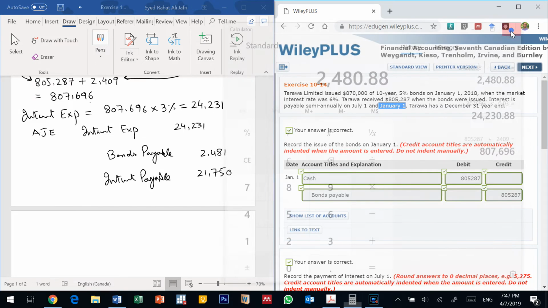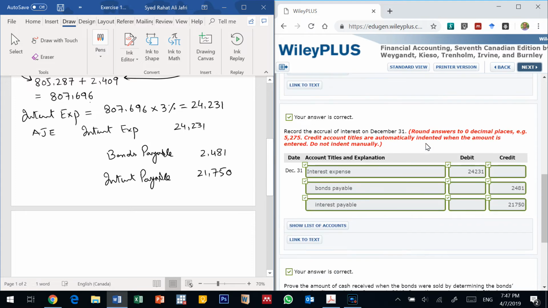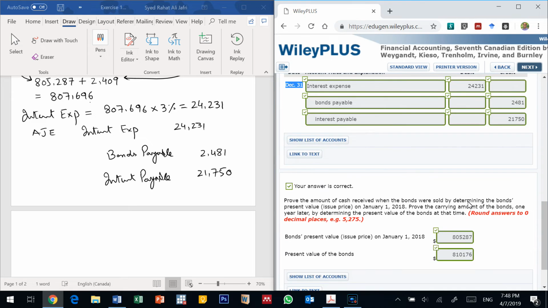Let's see if we are doing it correctly. So this is the one we are talking about, December 31st, here on the right hand side of the screen. Interest expense 24,231, bonds payable credit, and interest payable credit by 21,750. Now, up to this point, most of us have computed everything correctly.